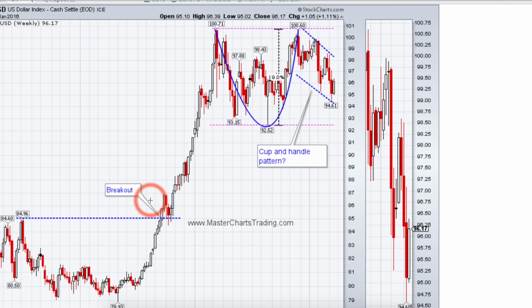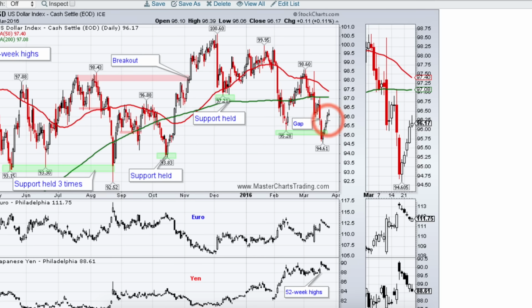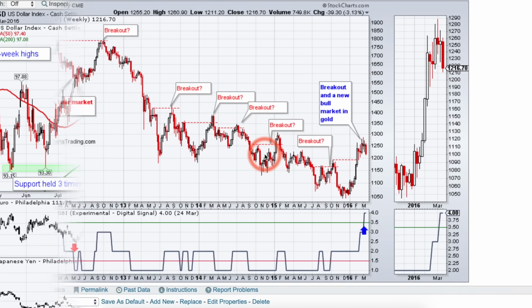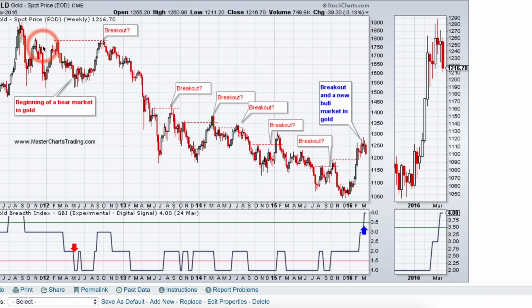A breakout above the 100 level would put pretty serious pressure on various commodities yet again. As a matter of fact, this week the dollar rallied pretty strongly all week, and next we will look at gold, and it came under pretty strong selling pressure. Okay, this is a chart of gold, weekly time frame going back all the way to 2011.